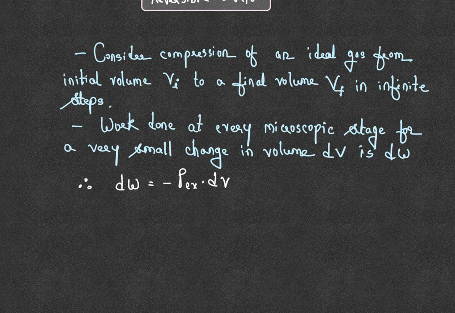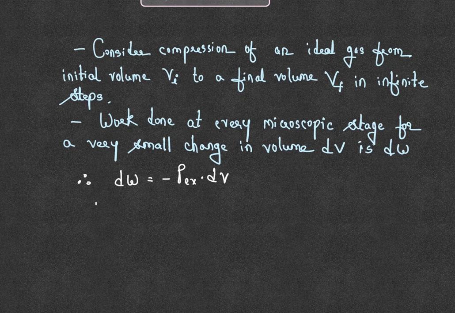In order to calculate the full work done, the total work done is called W reversible, and that is equal to adding up the infinite values of dW. There are infinite dW values to add up, so you don't put a summation; you do the integration.